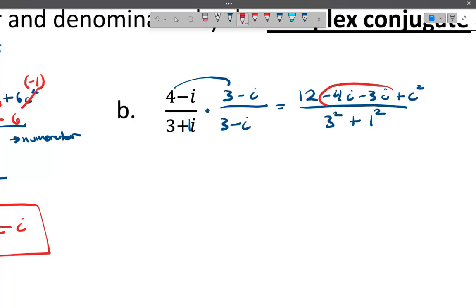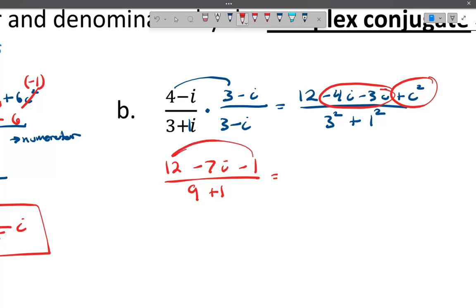In the numerator, we can combine like terms. That gives us minus 7i. The plus i squared also becomes negative 1, over 9 plus 1. And then we can go ahead and combine these like terms, giving us 11 minus 7i over 10. And we'll write it as two separate fractions as 11 over 10 minus 7 over 10i.